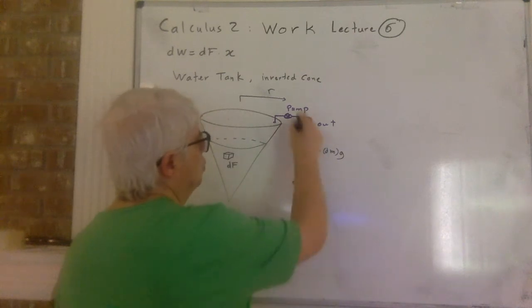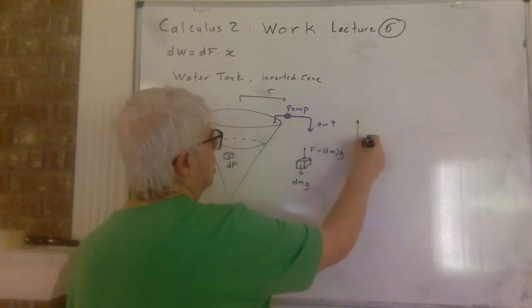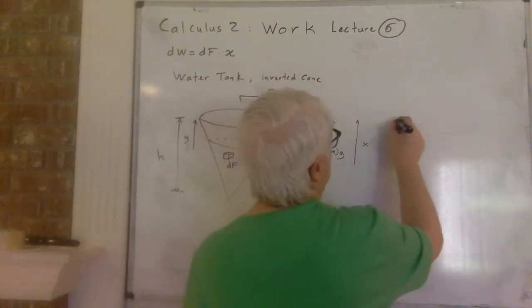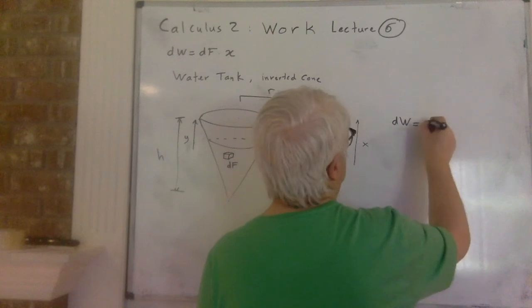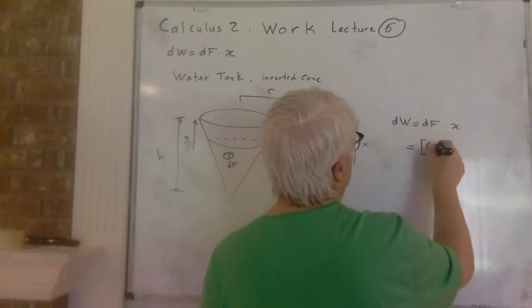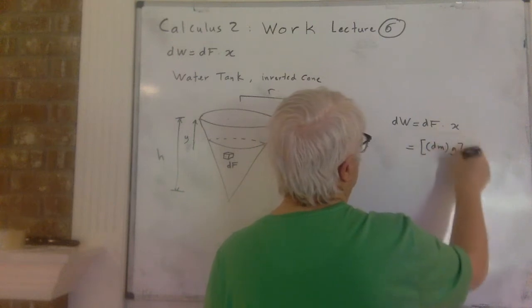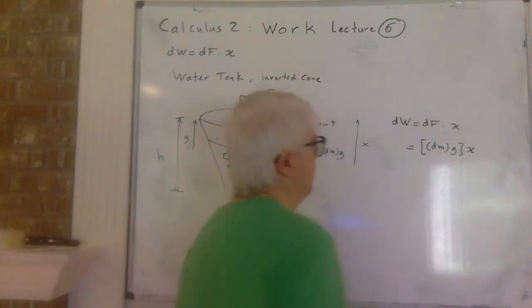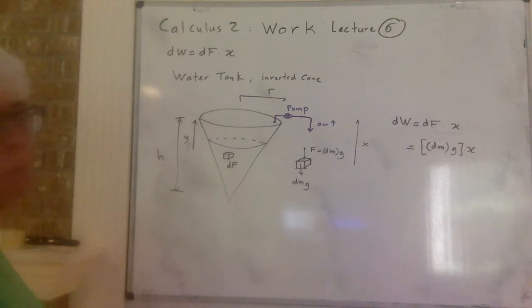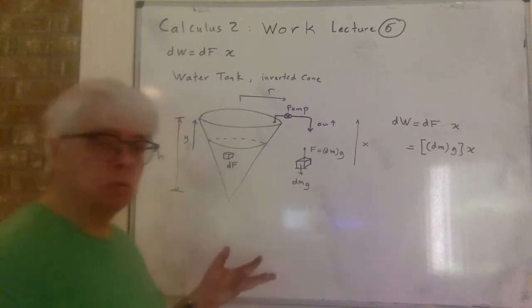And this force moves x distance, right? So the dw in this case will be dF times x, which is dm g times x. Okay? But what is dm? That's the mass of a physical object.